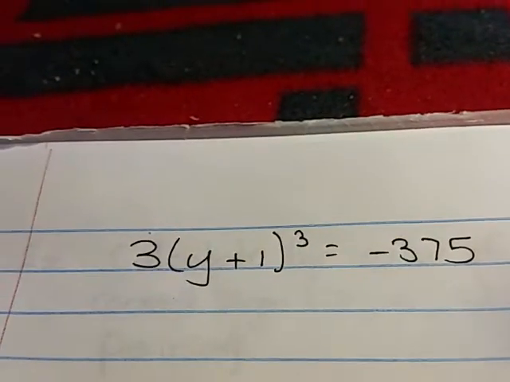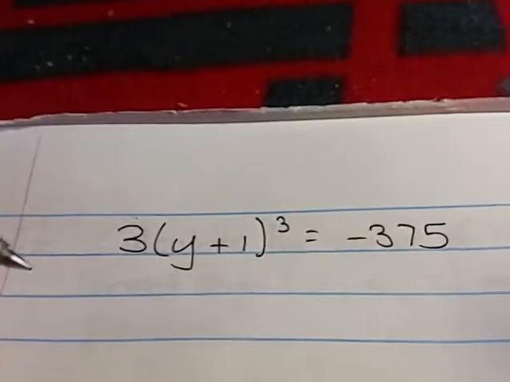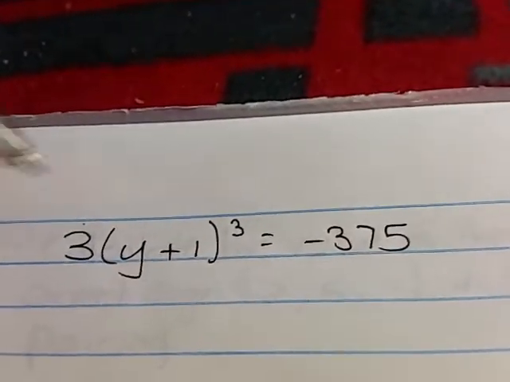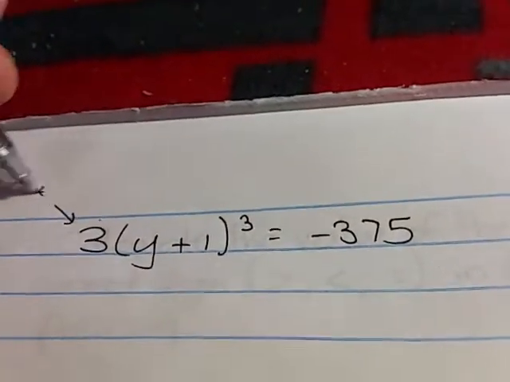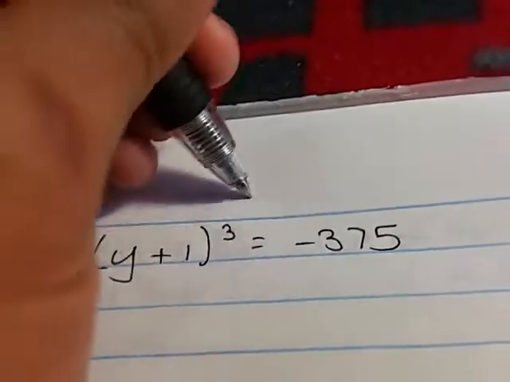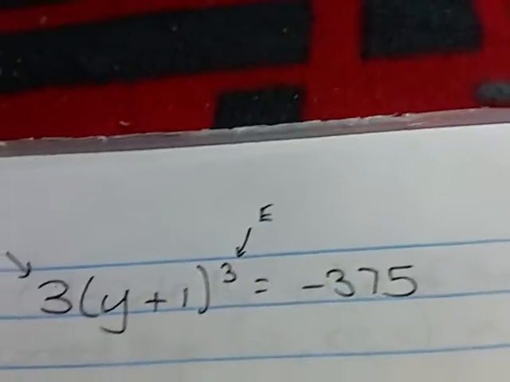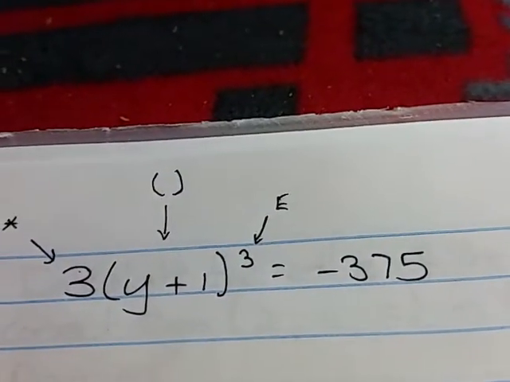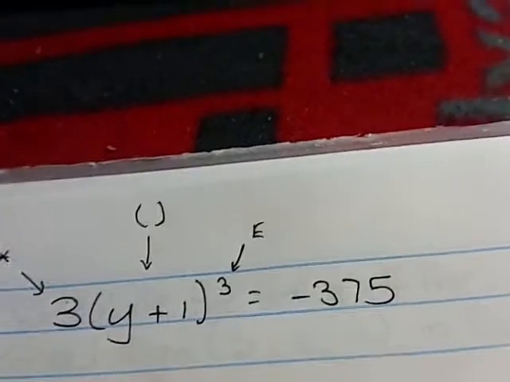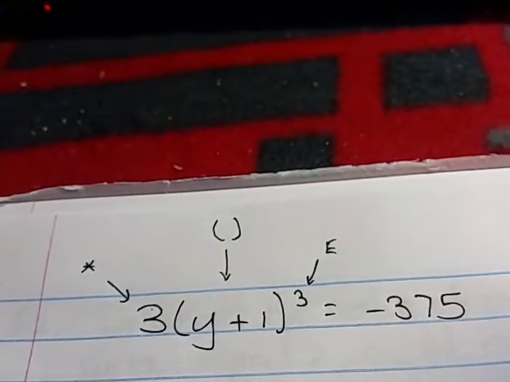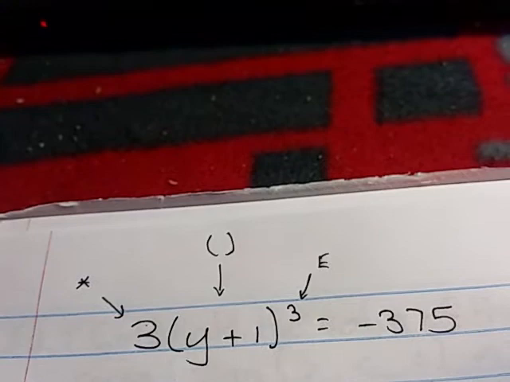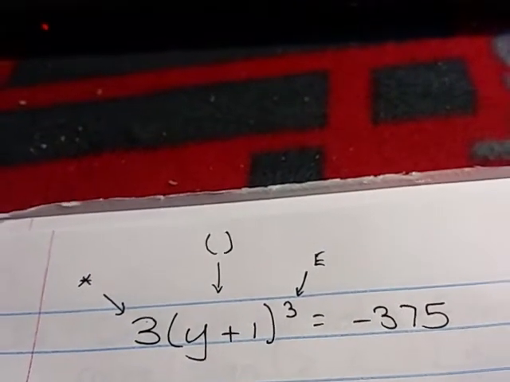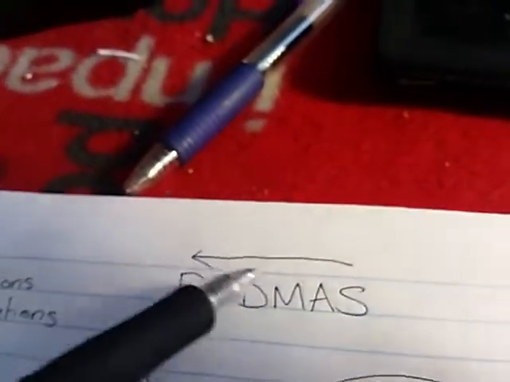So let's do this. We need to solve for y. We have a multiplication by 3 happening. We have an exponent happening, and we have brackets. And we have a bracket happening. Now, according to reverse BEDMAS, which of those should happen first?